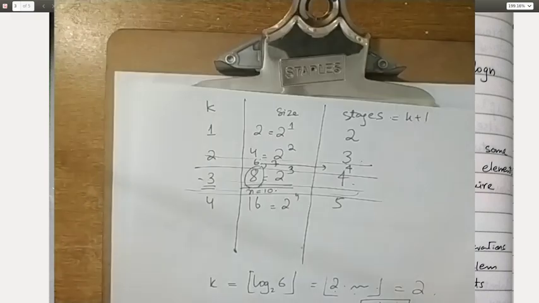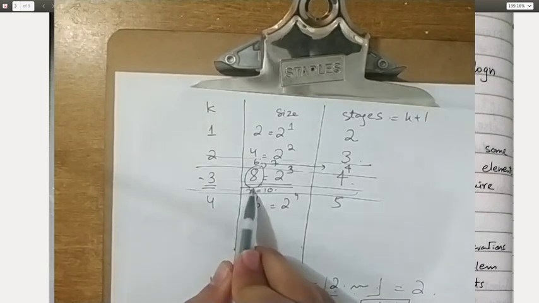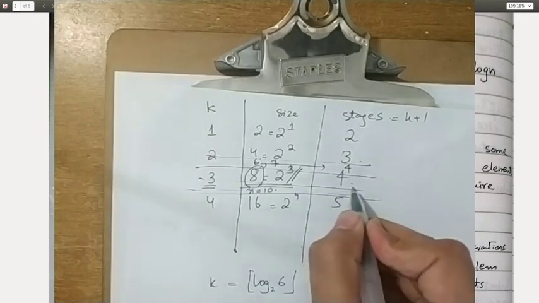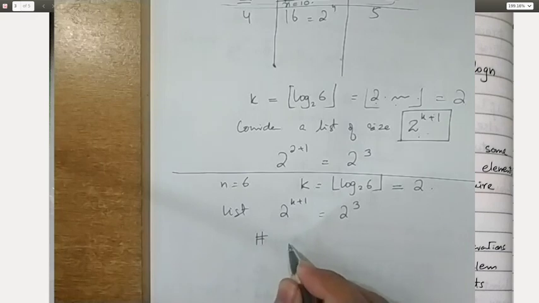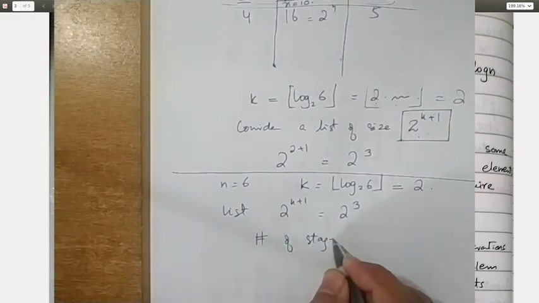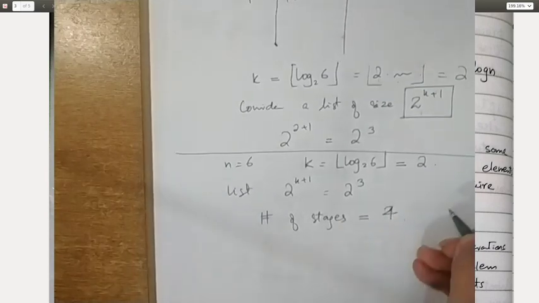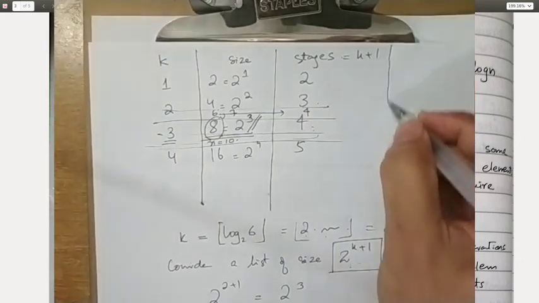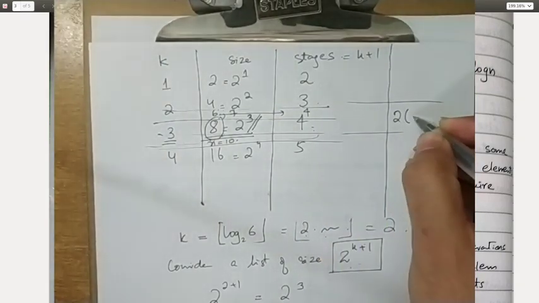So for 2 to the 3, I know that I'm looking at this list, and so the number of stages will be 4. So I know the number of stages is 4. And so the complexity, the number of operations we know, is 2 to the 2 times k plus 1.